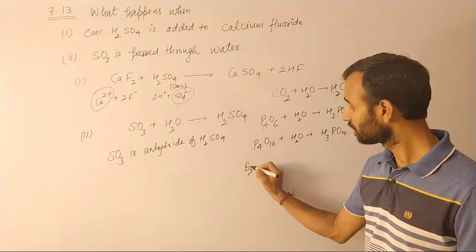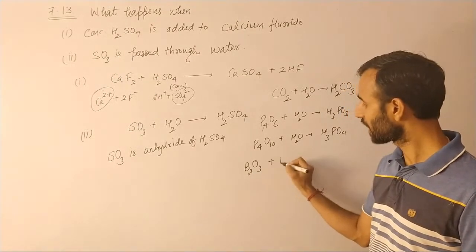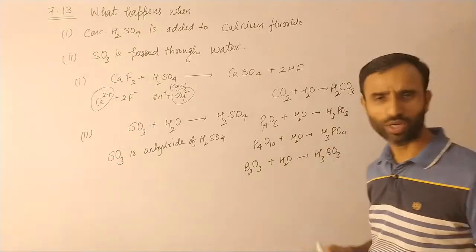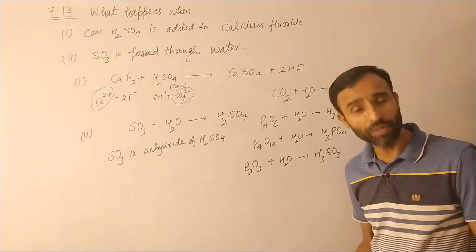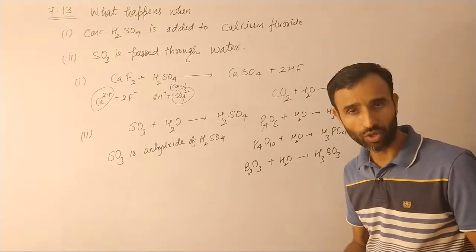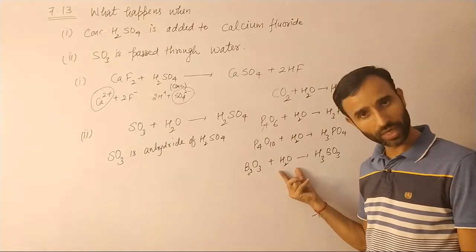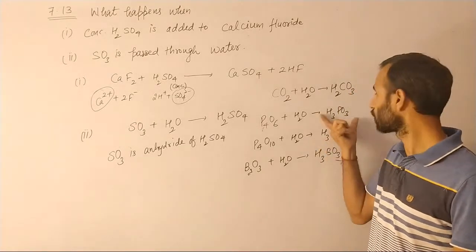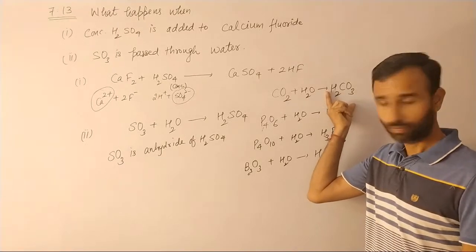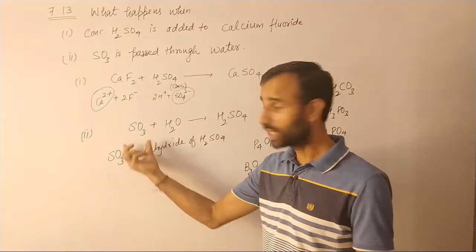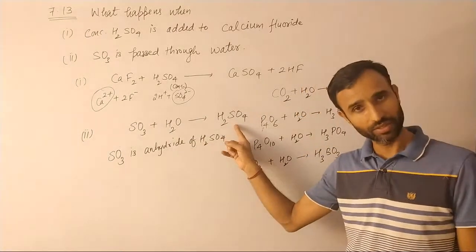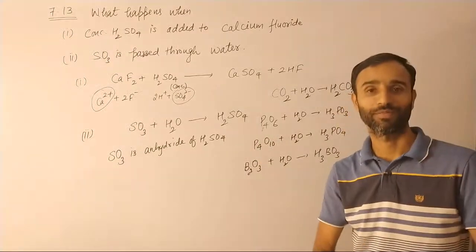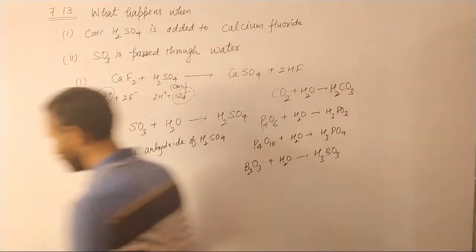B2O3 is the anhydride of boric acid. You can balance them. So anhydride means any oxide of an element which when dissolved in water will give that particular acid, like boric acid, phosphoric acid, phosphorus acid, carbonic acid. Likewise, SO3 is the anhydride of sulfuric acid. So when SO3 is passed through water, it will give H2SO4. Done? So this is question number 13.